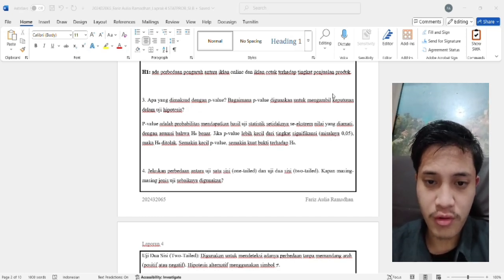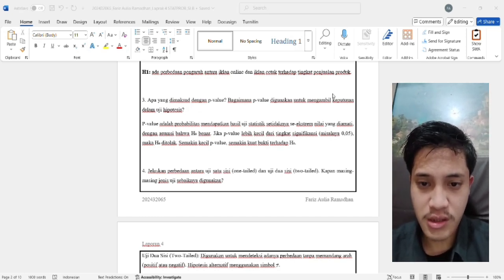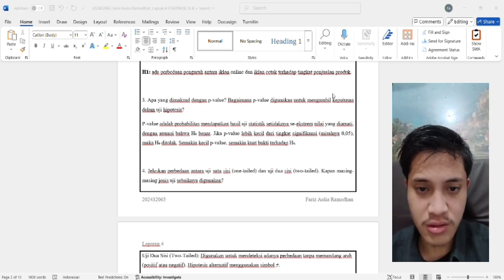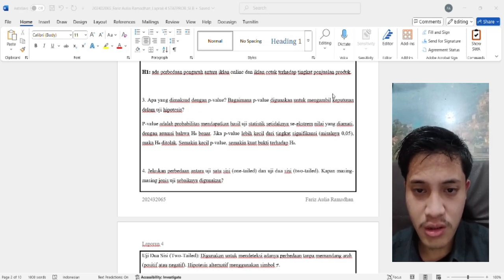If the p-value is less than the significance level, then H0 is rejected. The smaller the p-value, the stronger the evidence against H0.